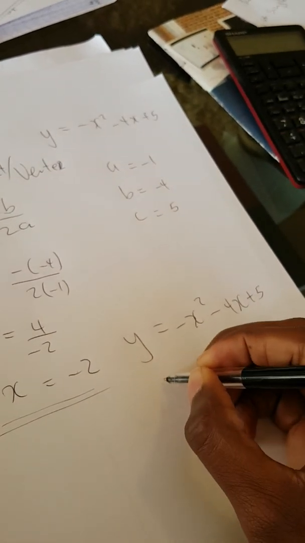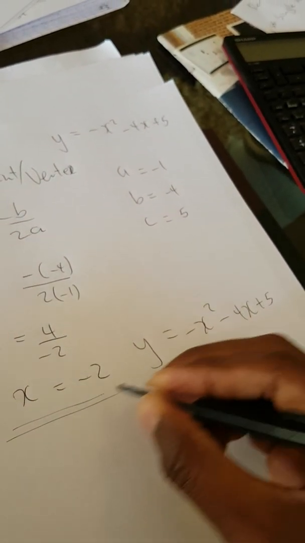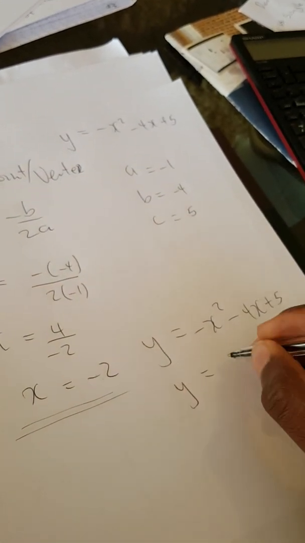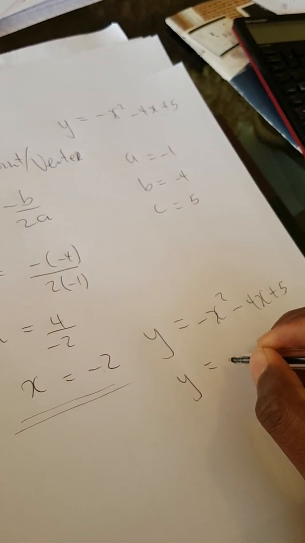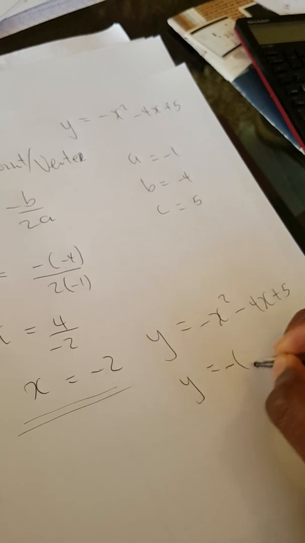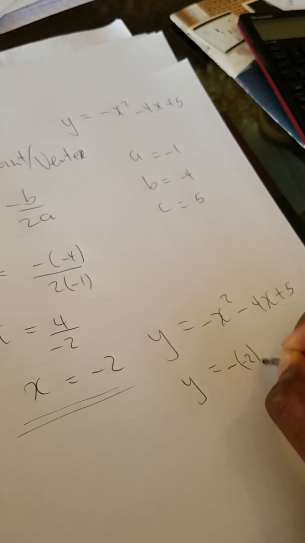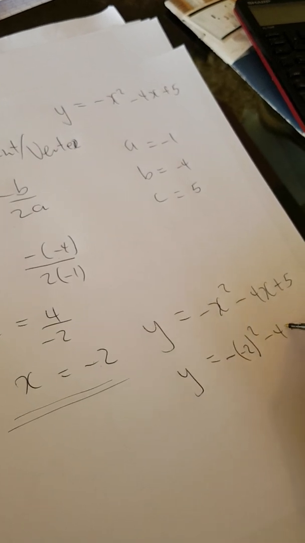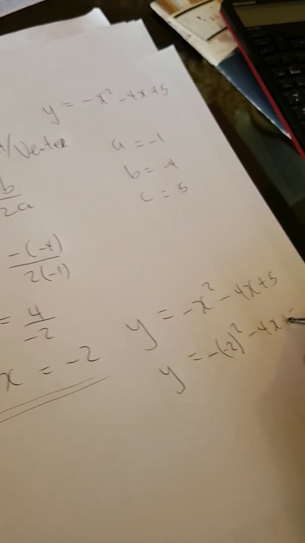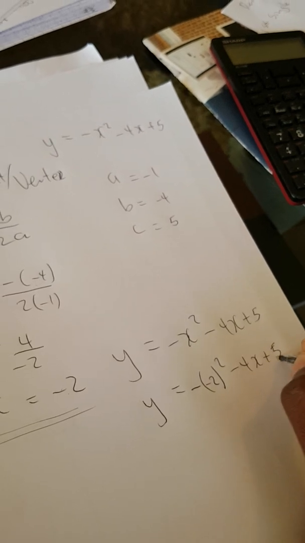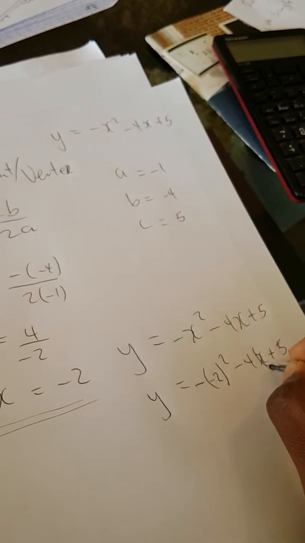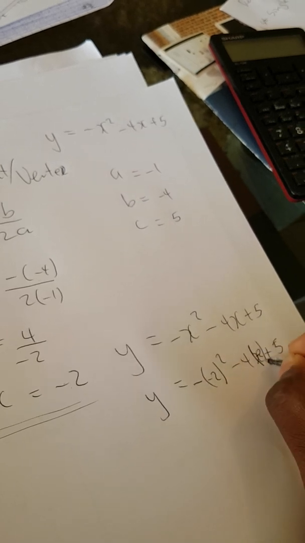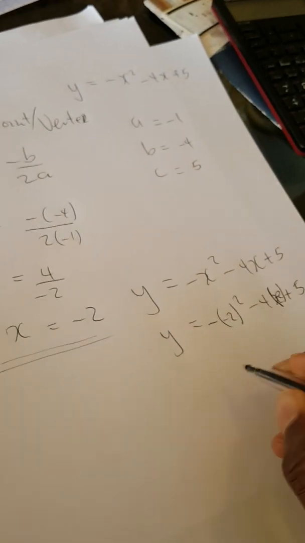So what does this mean? It means wherever there is x, I'll substitute using negative 2, because x is what? It's negative 2. So it's like negative 2 squared minus 4x plus 5. And so here I'm not supposed to say 4x. It's like minus 4 times what? Times negative 2 again, because our x is negative 2.